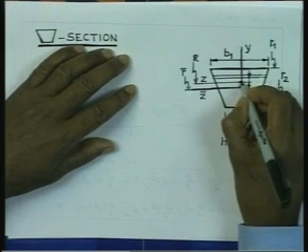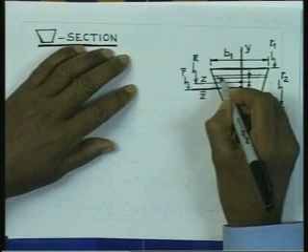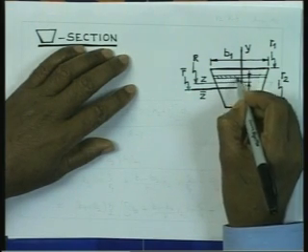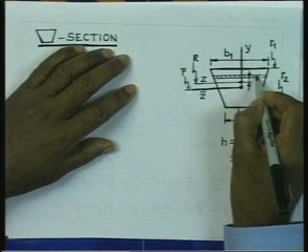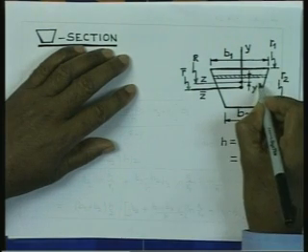The neutral axis is passing through this point. Let us concentrate on a fiber which is at a distance of y from the neutral axis. So, this distance from here to here is y.